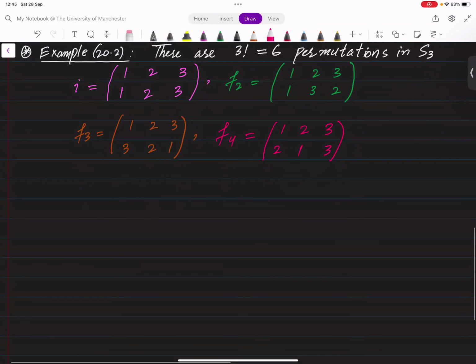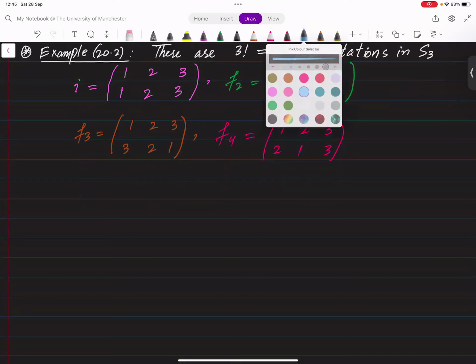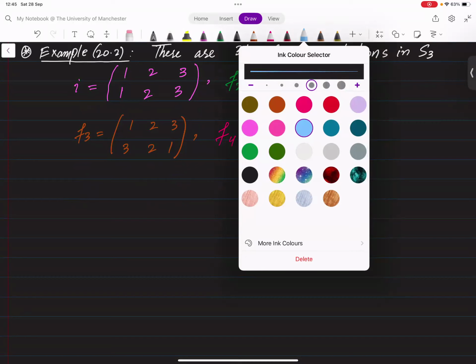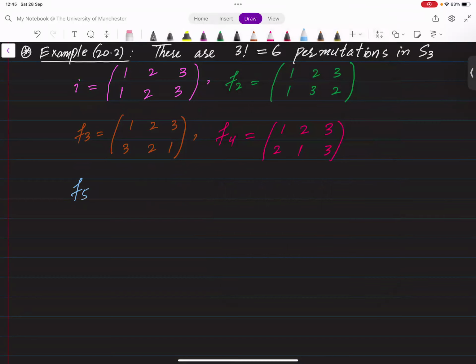And then we have F5, which is sending 1 to 2, 2 to 3, and 3 to 1. And F6, which is sending 1 to 3, 2 to 1, and 3 to 2. So these are the 6 permutations in S3.